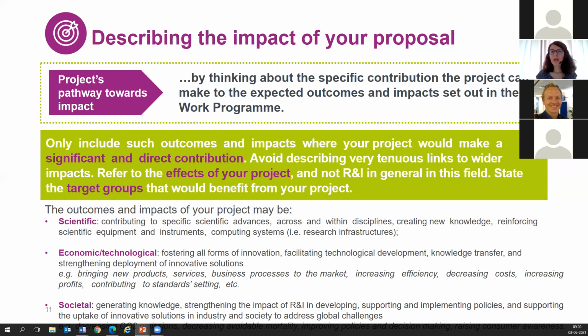Something that is really important to remember is that you need to include only the outcomes and impacts where your project will make a significant and direct contribution. We don't expect you to describe very tenuous, small links to wider impact when it's not really concrete, not really anything tangible. If there is no real link between what you are planning to do in your project and these expected impacts, if it's not significant and direct, that's not what is required.